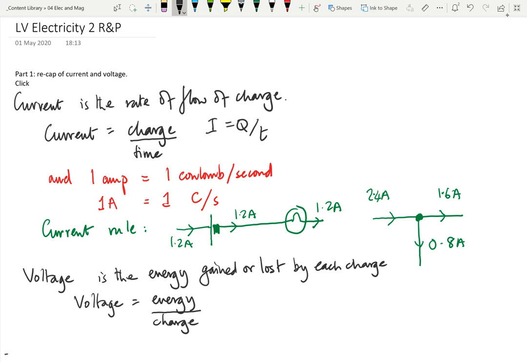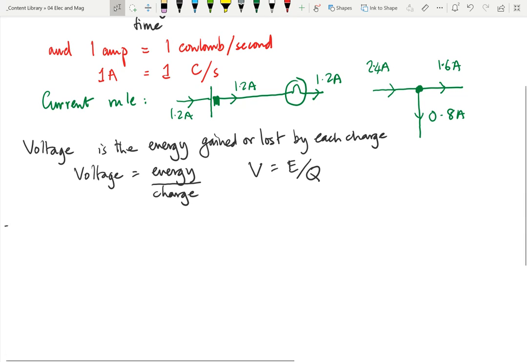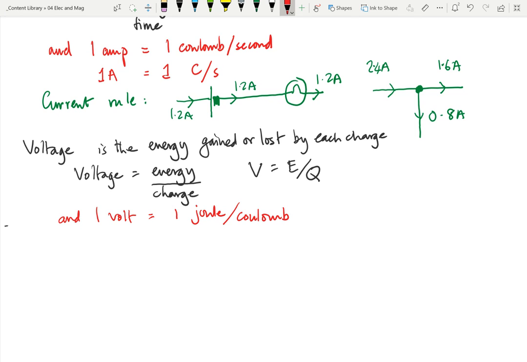So in symbols, the voltage is the energy delivered over the charge required to deliver it. We'd better look at the units next. Well, 1 volt equals 1 joule, energy is measured in joules, per coulomb. Charge is measured in coulombs, so that in abbreviations 1 volt equals 1 joule per coulomb.